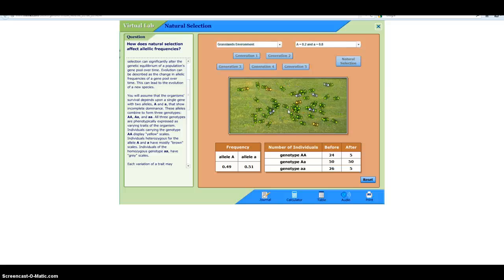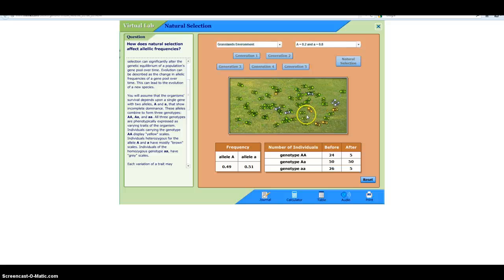Why is that? Well, because it has the most camouflage against predation. Why did the others not disappear as fast as in the other environment? I think it's because it's a grassland and there's more hiding places.